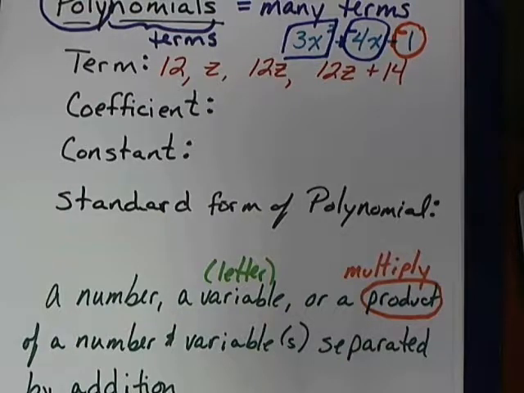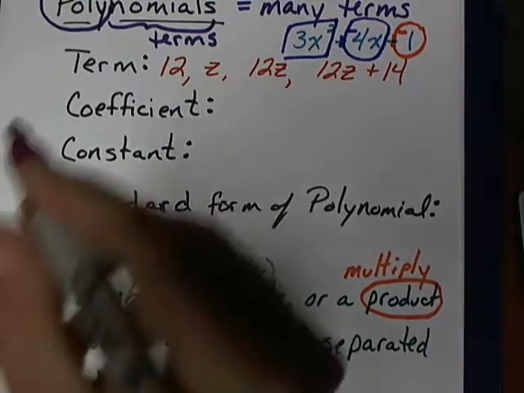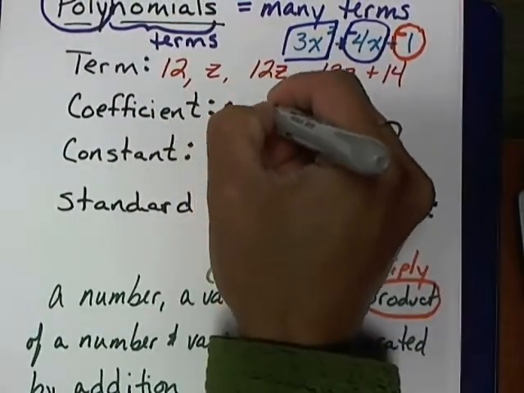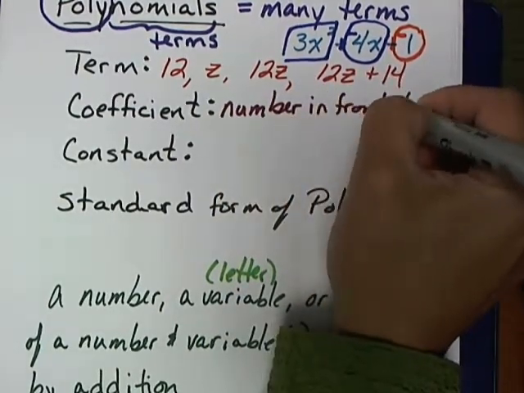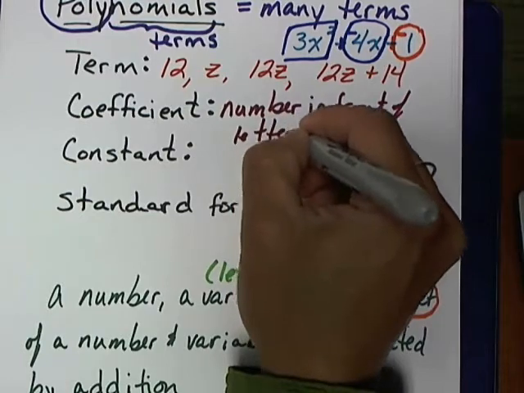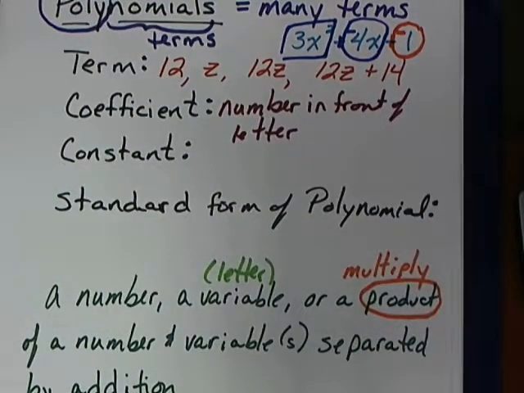Okay. Coefficient. That's just a big way of saying the number in front of the letter. Number in front of letter. So in that expression that we just did, the 3x squared minus 4x minus 1, the 3 is the coefficient on the x squared.